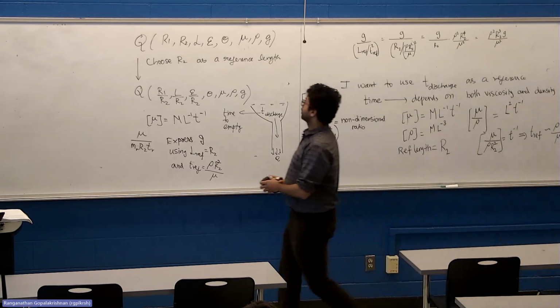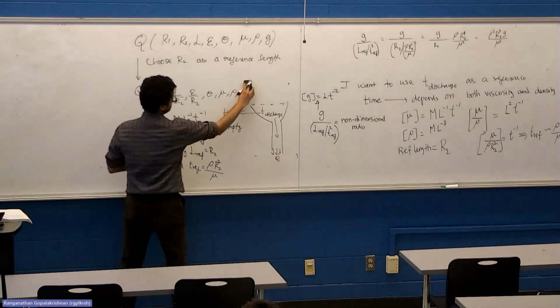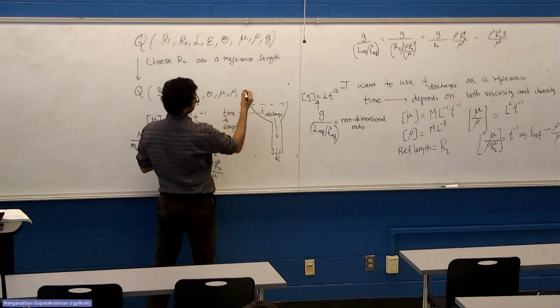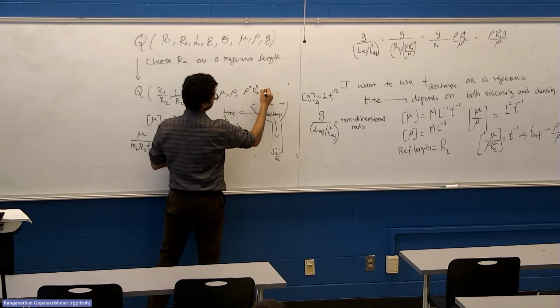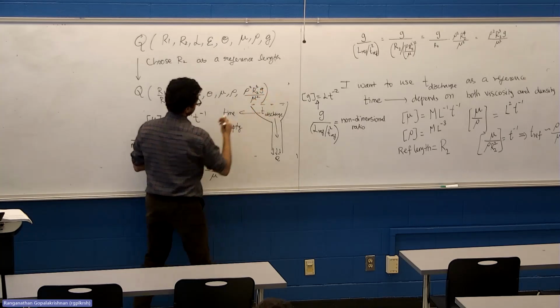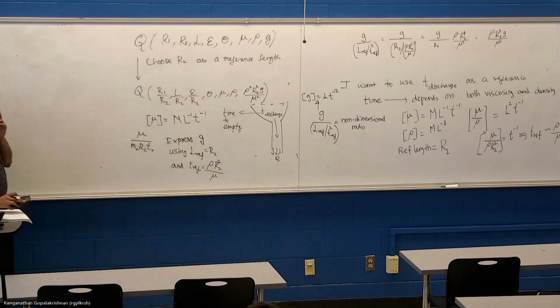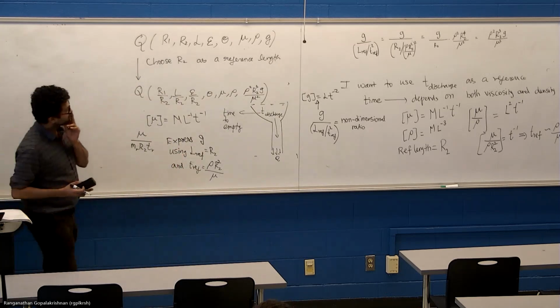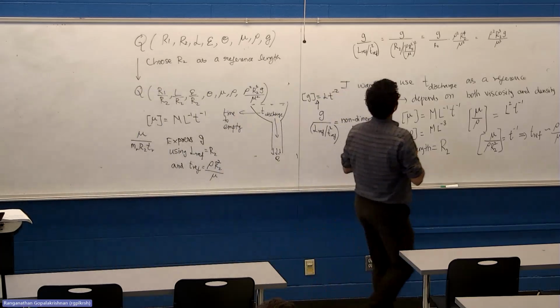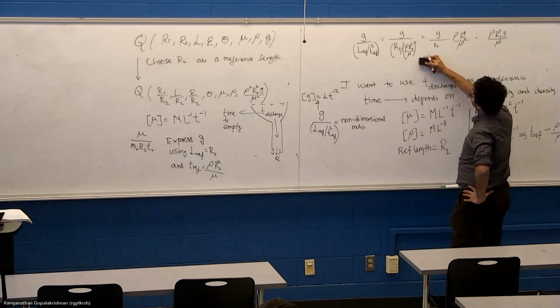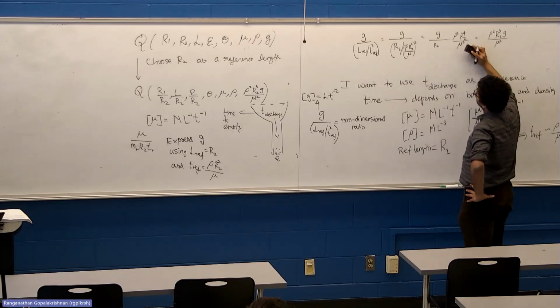So in my list, instead of G, I'm going to write rho squared R2 cube G over mu squared. Aren't you supposed to flip the fraction, rho r squared over mu squared?